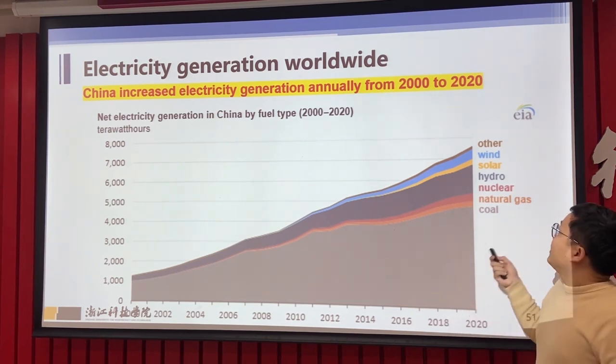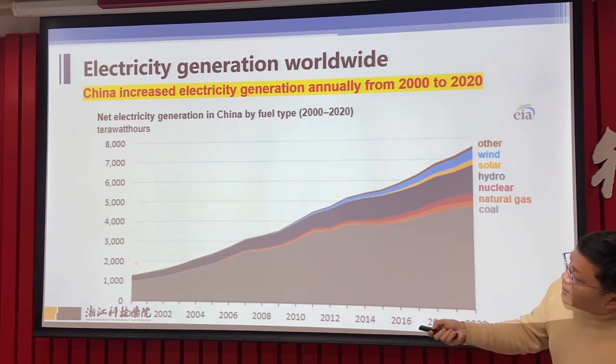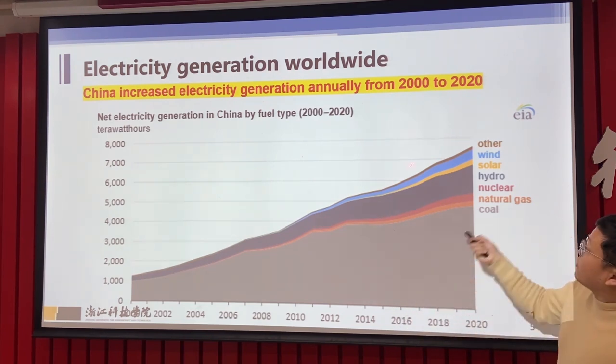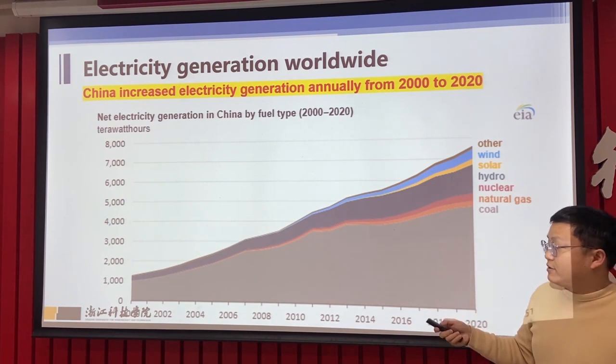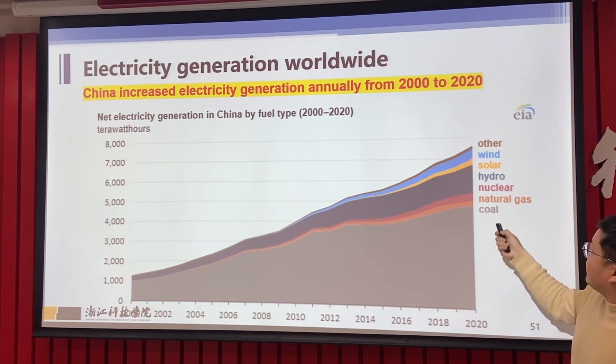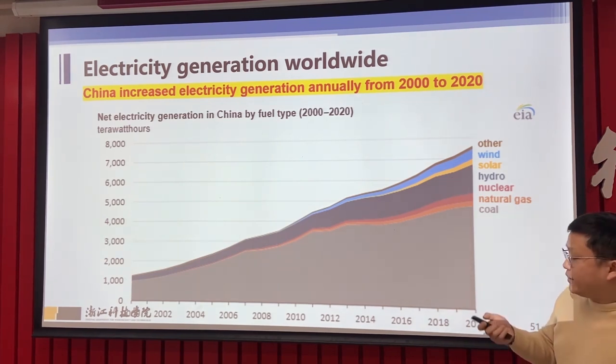As we can see, we have some different types of energy sources for electricity generation, like coal, natural gas, nuclear, hydro, solar energy, wind energy, and other kinds of energies. The electricity generation in China increased gradually in the past 20 years. Even in 2009 and in 2020, we have an increase in the total amount of electricity generation in China.